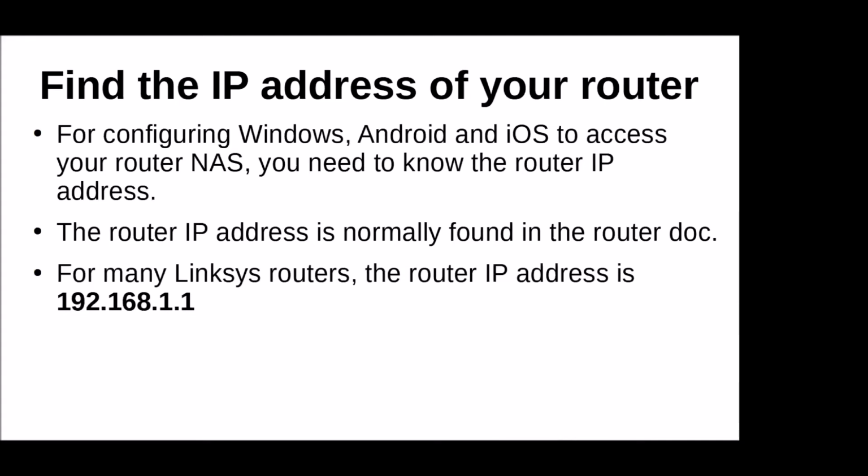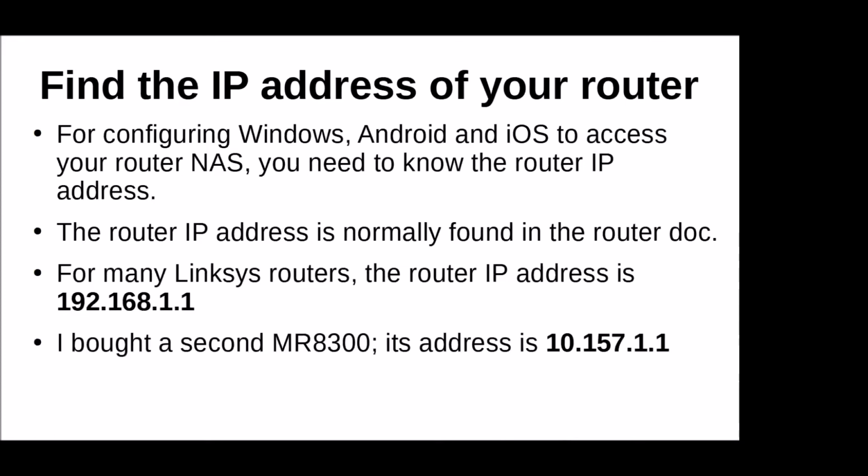In my case, the default was 192.168.1.1. Pretty easy to remember, at least if you've been working with this stuff for 20 years like I have. And I bought, oddly enough, they had a sale at Micro Center, I bought a second MR8300 about 3 years after I bought the first one. And oddly enough, its internal default address is 10.157.1.1.